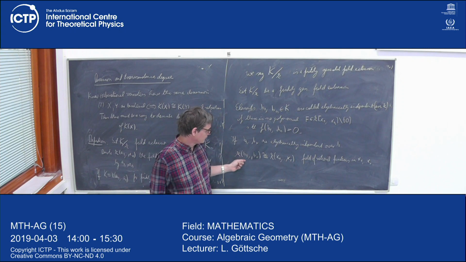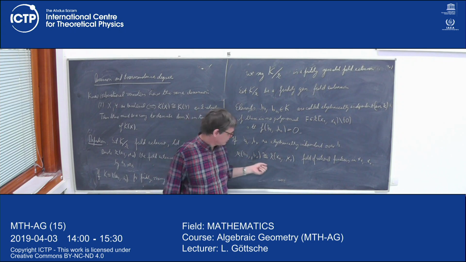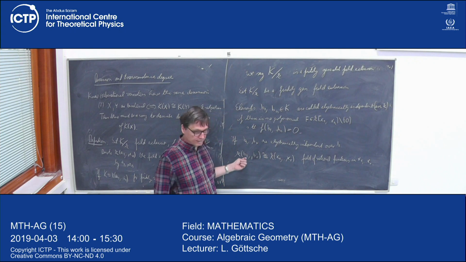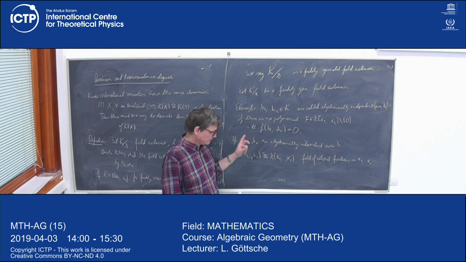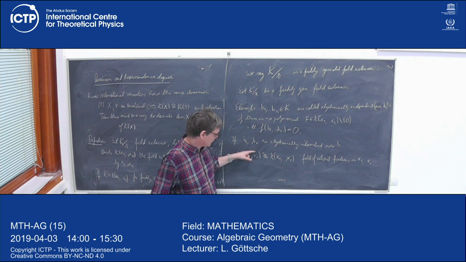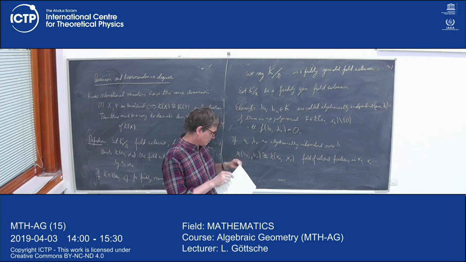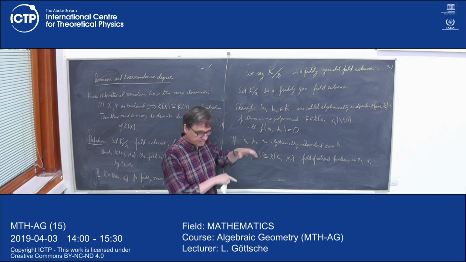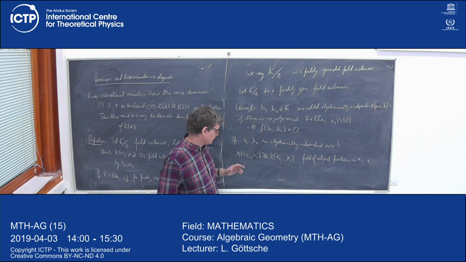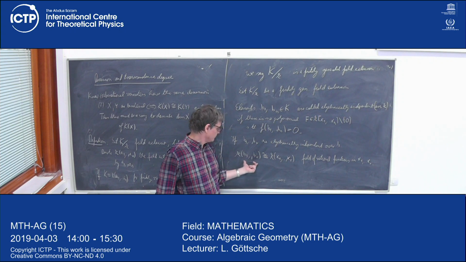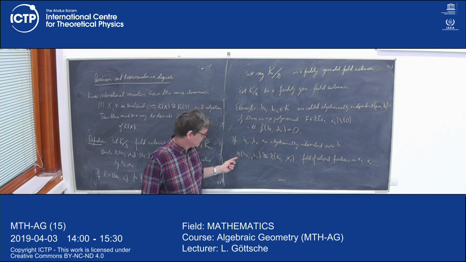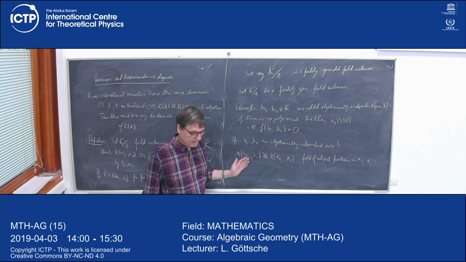So this is the smallest field extension containing all these elements. If you just take all the rational functions, so that means all fractions of polynomials in b1 to br, one divided by the other, just formally, then they form a field, and it is a field containing these elements.